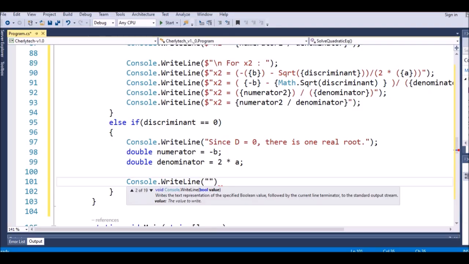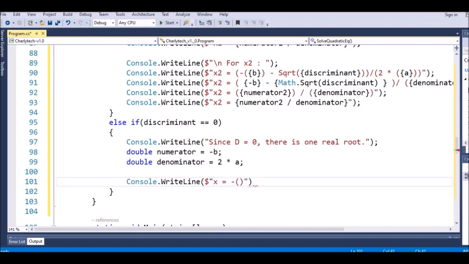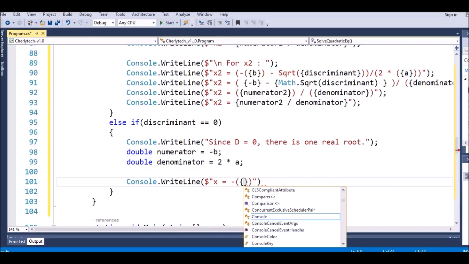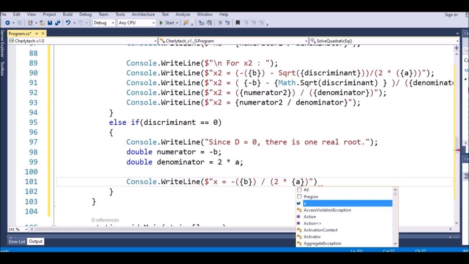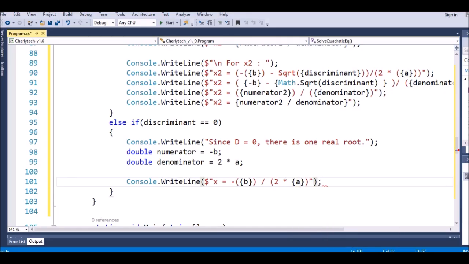We show x equal minus b, and then divide by 2 multiply a, this one, like this.